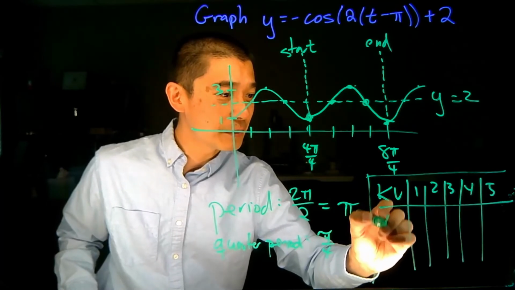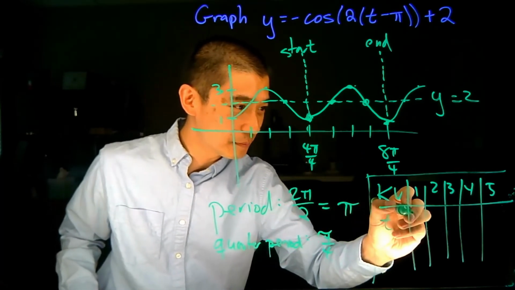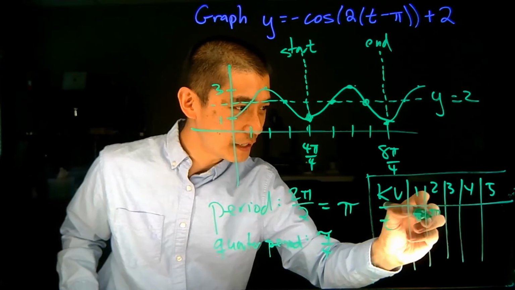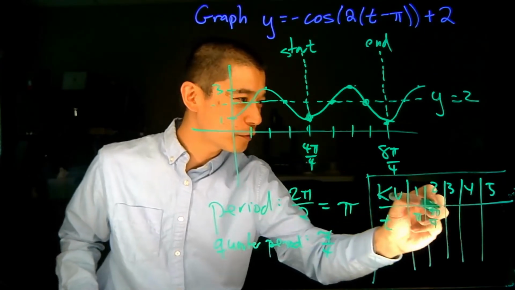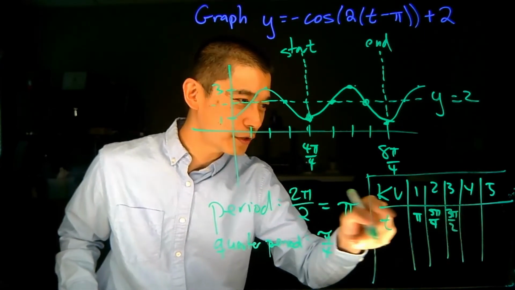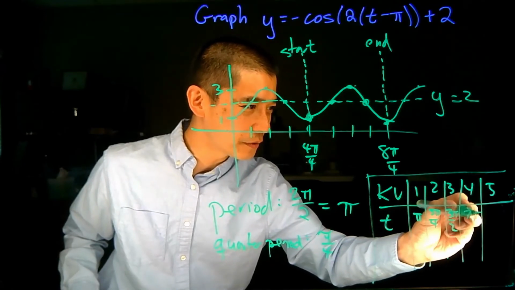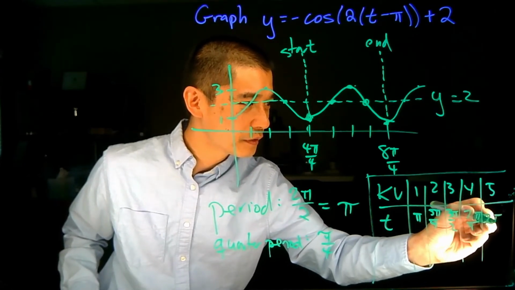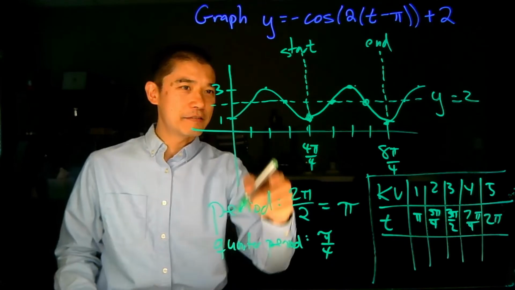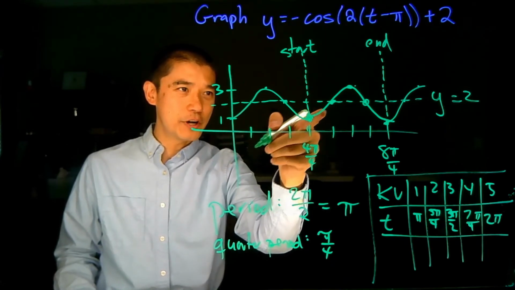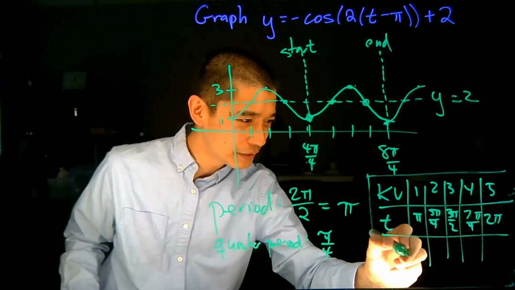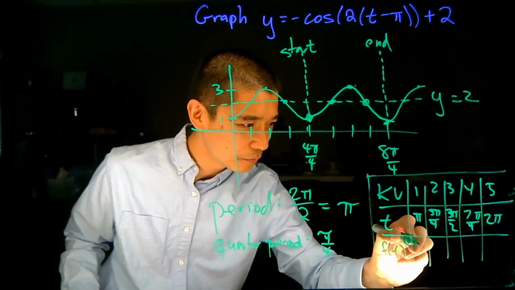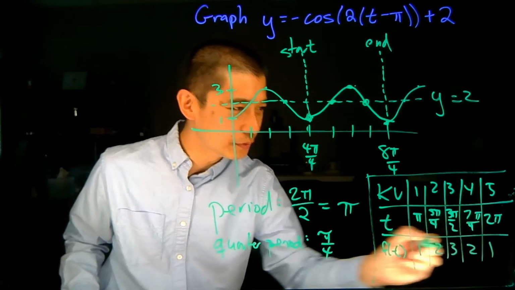The t values we have, well, this is the first one, that's going to be pi, 5 pi over 4, 6 pi over 4, which is 3 pi over 2. You could also leave these with a denominator of 4. It makes no difference. And then the y values go 1, 2, 3, 2, 1.